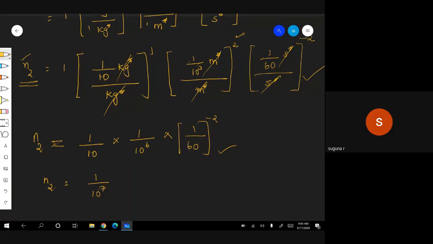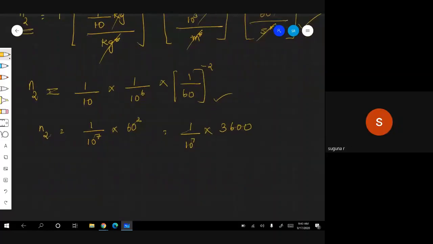Into 60 power minus 2, which becomes 60 square on top. 60 square is 3,600.